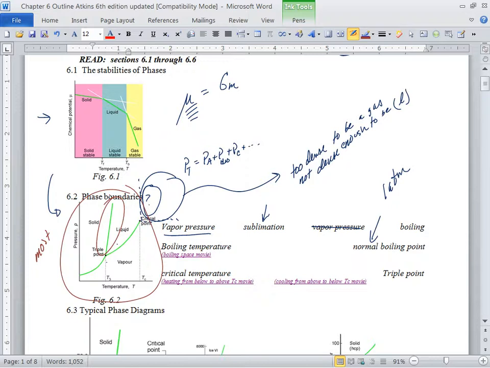Kind of makes sense to me, but water is the exact opposite. Out of all, and that's just another curiosity, I think, for water and life on this planet, add this to the list of all these oddball things. Water behaves completely opposite of essentially every compound known to man.